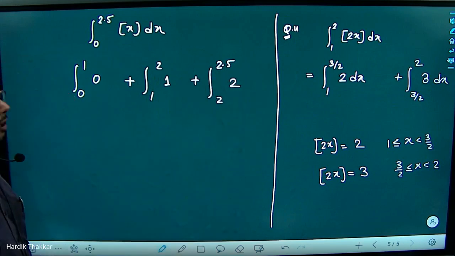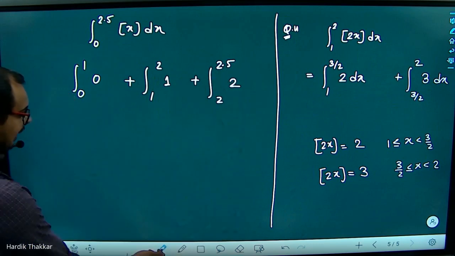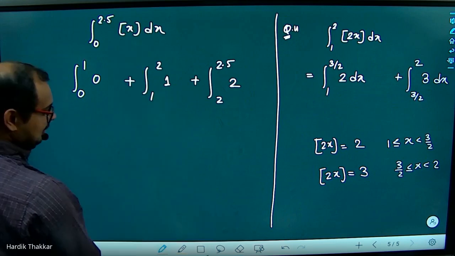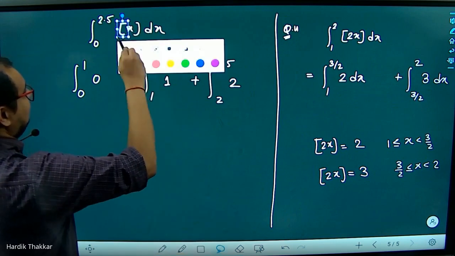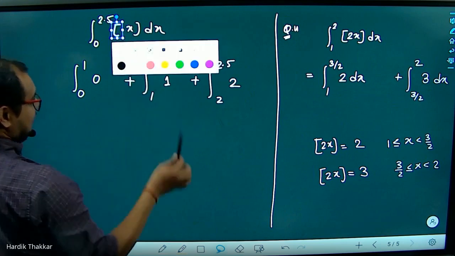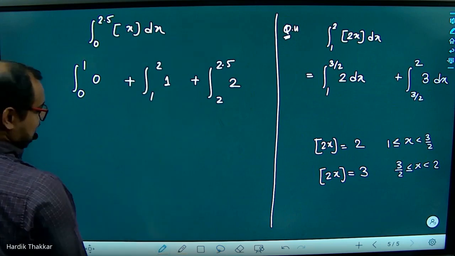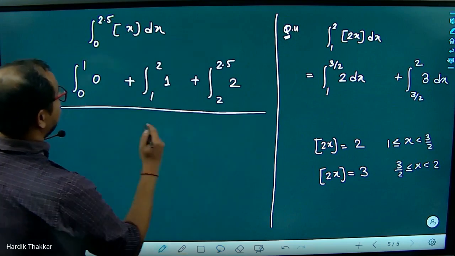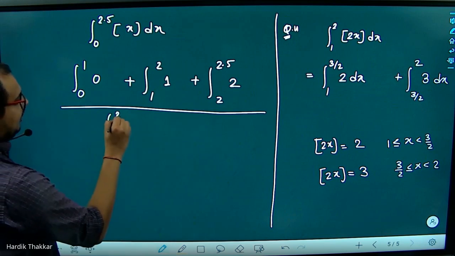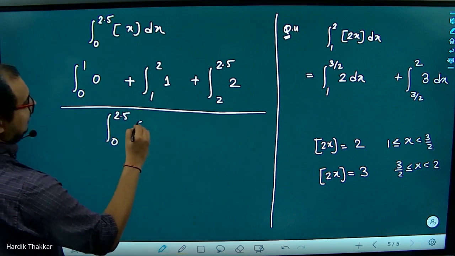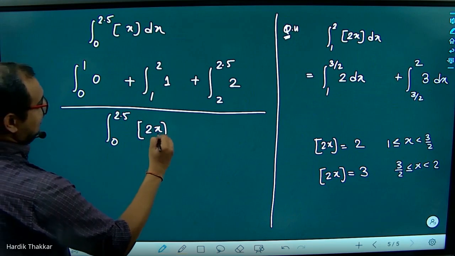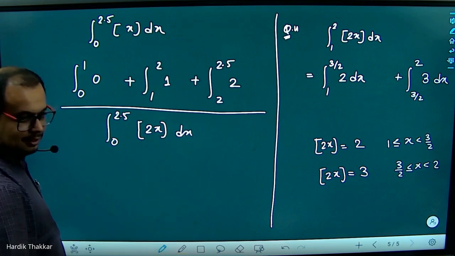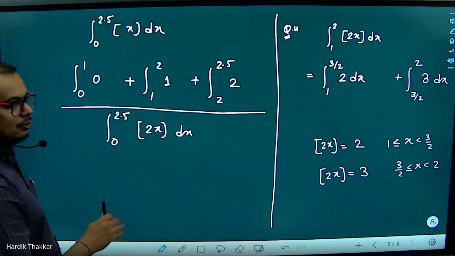Correct? Now let us consider this condition: 0 to 2.5 of the greatest integer of 2x dx. How can we solve this?